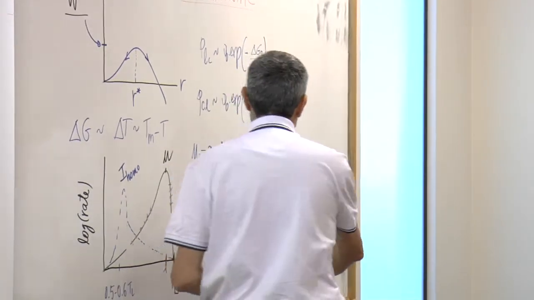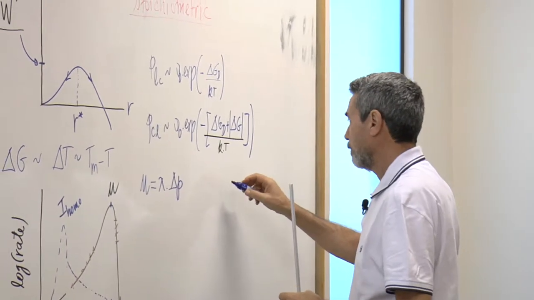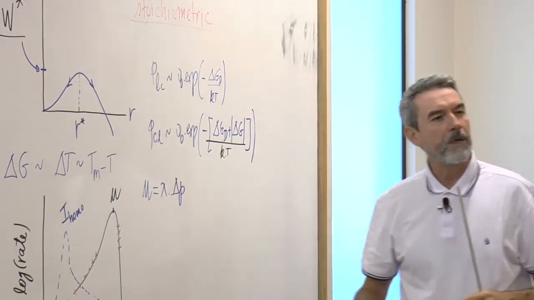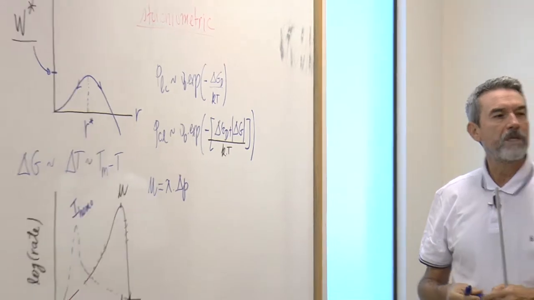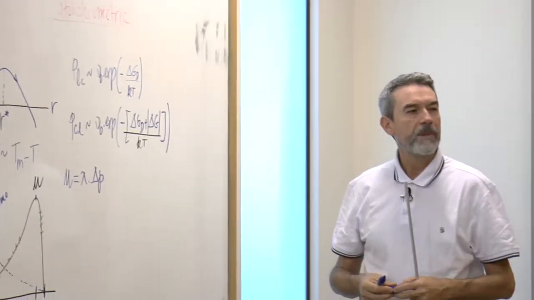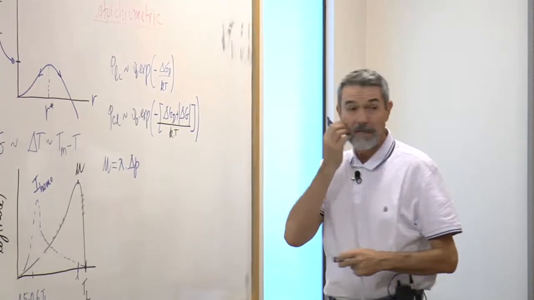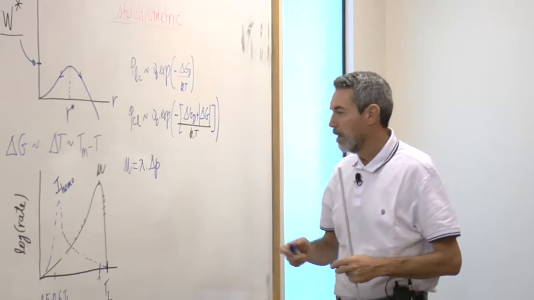What's the relationship between the two? Please remind me, what's the relationship between the Boltzmann constant and the gas constant? It's the Avogadro number. Avogadro number.